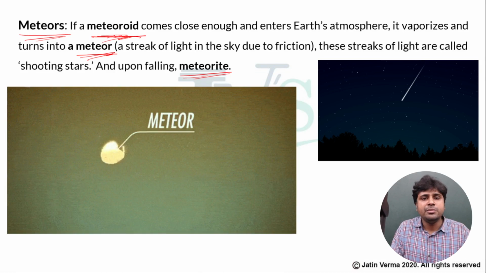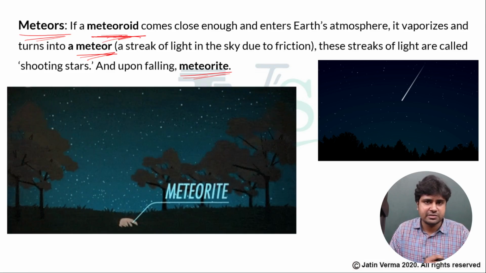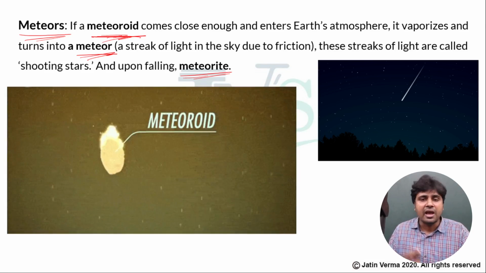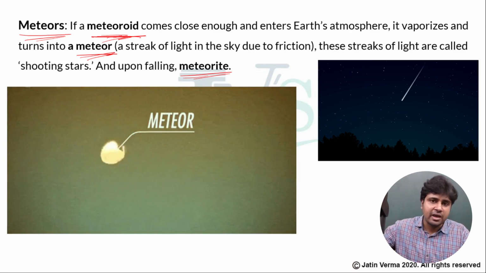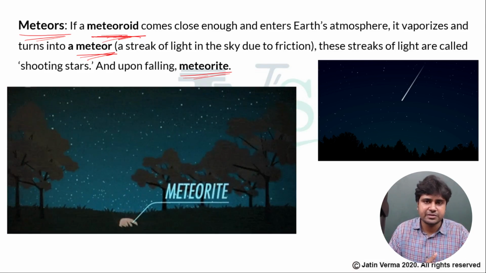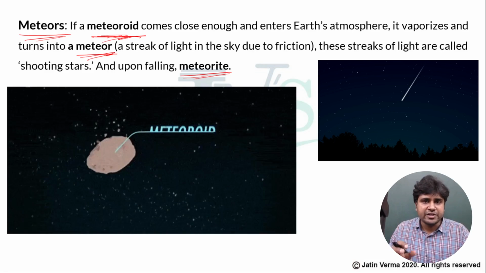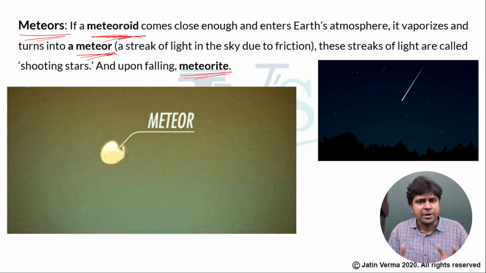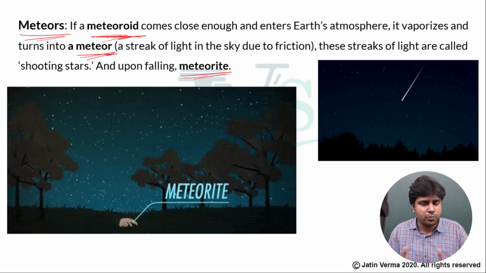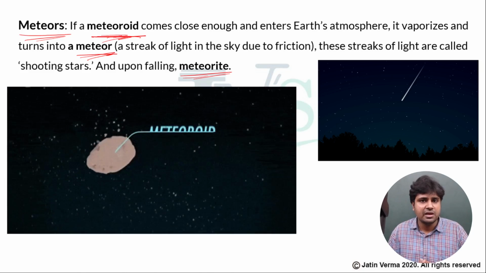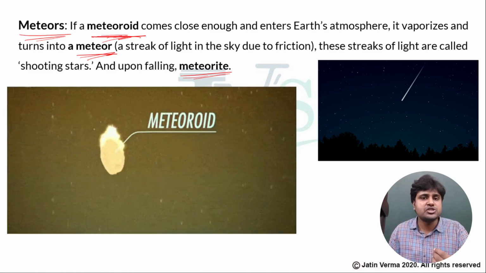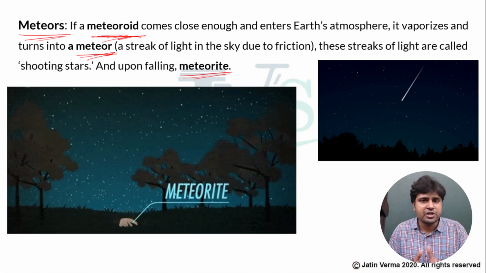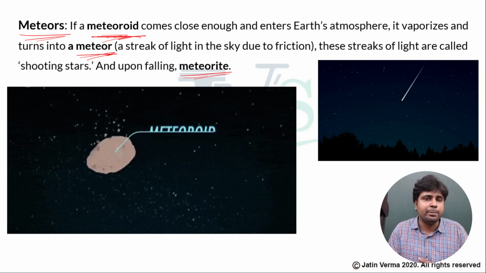Now, sometimes these meteoroids will come close to the Earth and get pulled by the gravitational pull of Earth. They will enter the atmosphere and start falling towards the surface. These meteoroids will move through the atmosphere with very high speed. The atmosphere is not a vacuum; it is made up of gases. These gases will offer friction to the movement of the meteoroid, so a lot of heat is generated and the meteoroid will get burnt up.